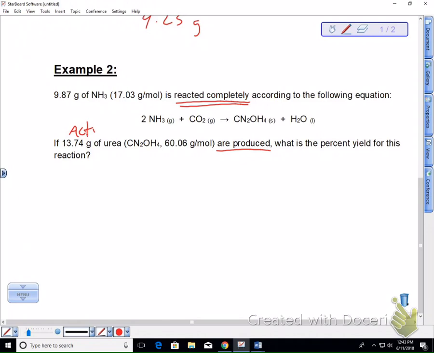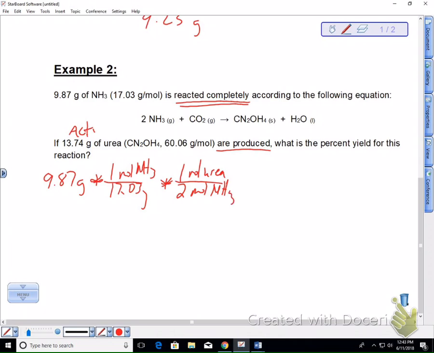We do that just as we've been doing since we started this unit. Begin with your limiting reactant. Convert it into moles. So 1 mole of ammonia is 17.03 grams. So that's our prep. Let's do our stoich. 1 mole of urea is in ratio to 2 moles of ammonia.